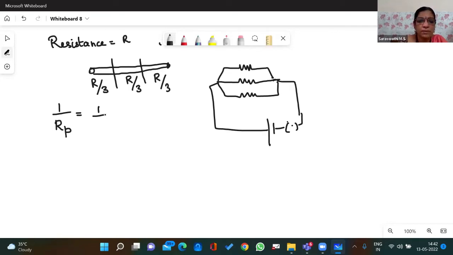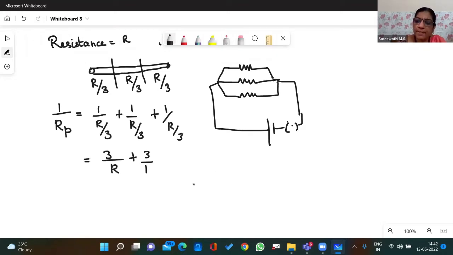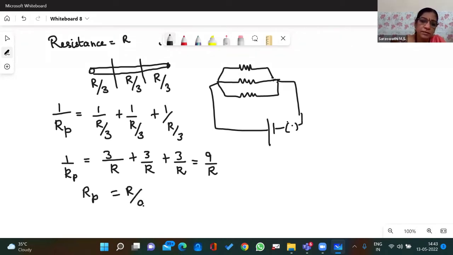This is going to be 3 by R plus 3 by R plus 3 by R. So 1 by Rp is nothing but 9 by R. So Rp will be equal to R by 9.